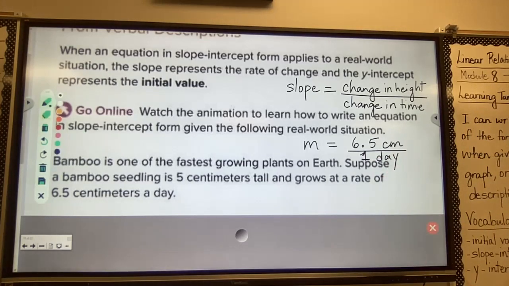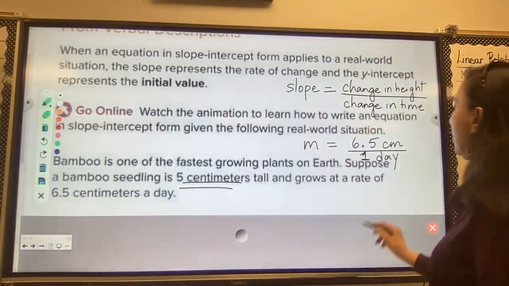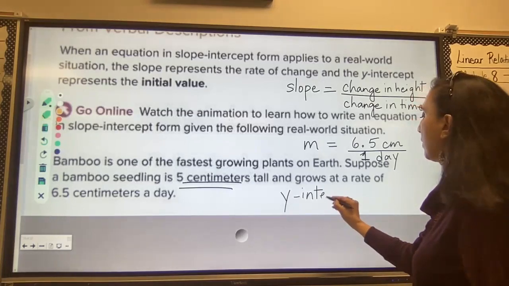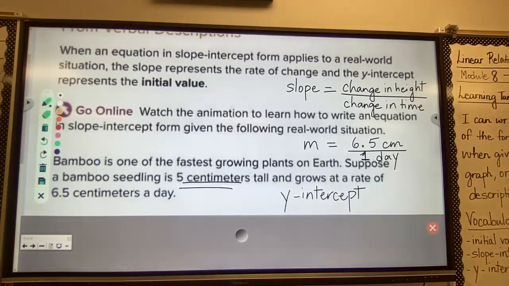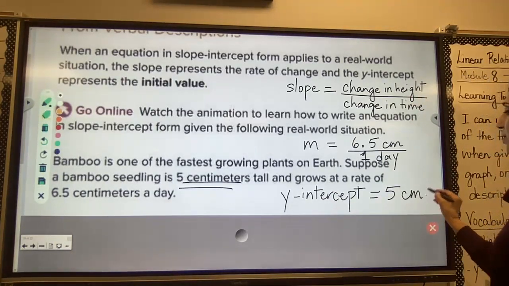Okay, now if I'm looking at this, here is my slope, and then what is my y-intercept? Here. Okay, so my y-intercept is going to be 5 centimeters.